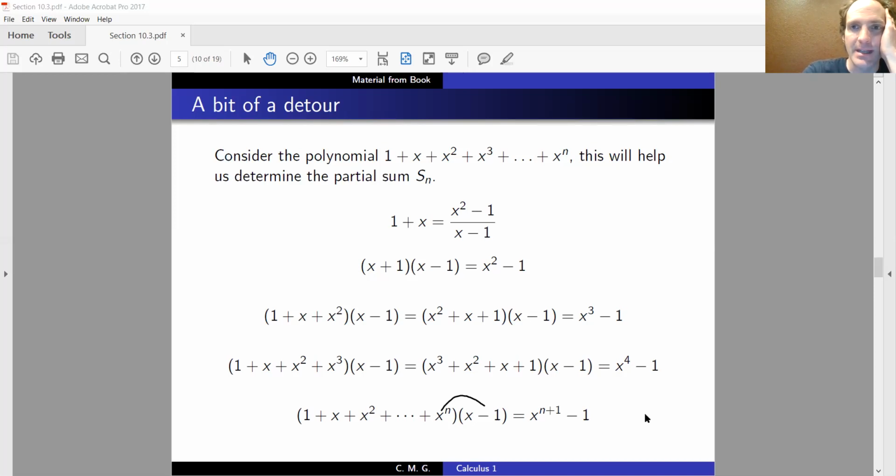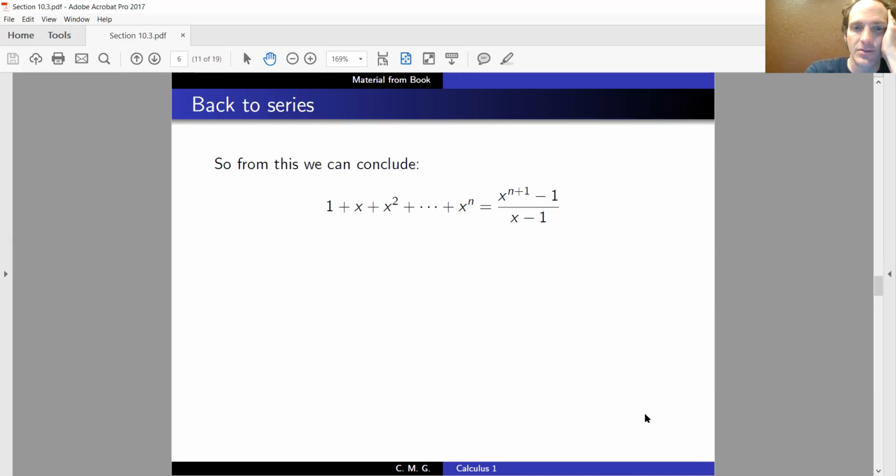So this is great, because check it out. That means the sum I'm interested in, 1 plus x plus x squared all the way out to x to the n, is the quotient of x to the n plus 1 minus 1 over x minus 1.